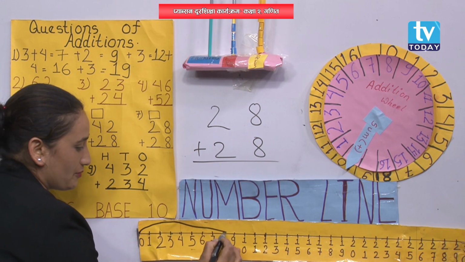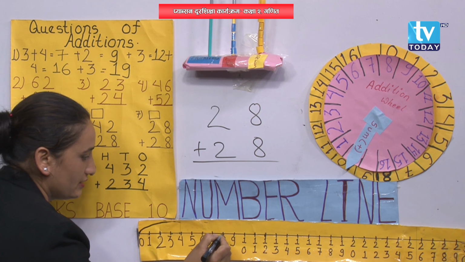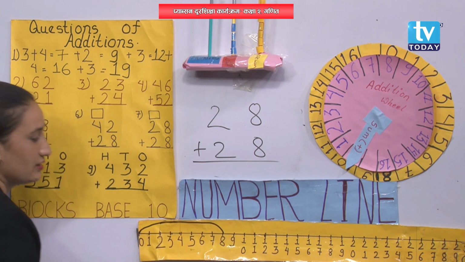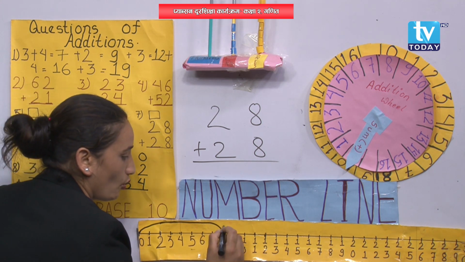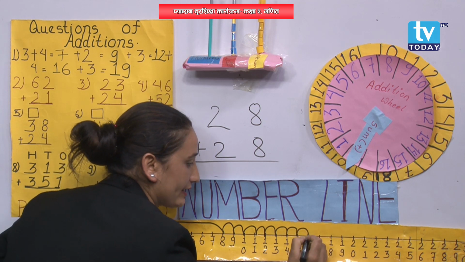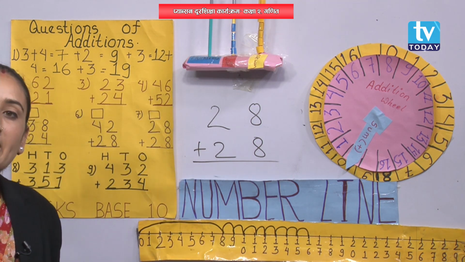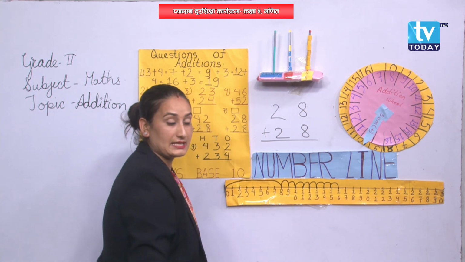I am jumping up to 8 times. Again, I need to jump for 8 times. 1, 2, 3, 4, 5, 6, 7, 8. Altogether, how many times I have jumped? 16 times. 1, 6, 16.